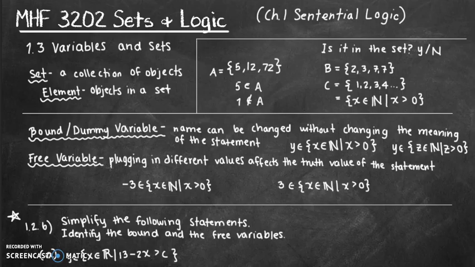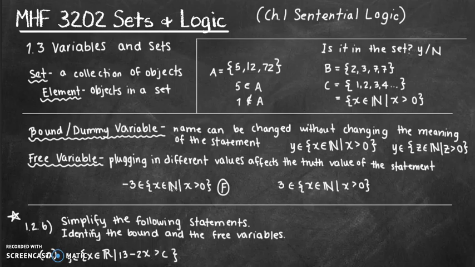Now, in the examples of free variables, when you plug in different things, that is going to affect the truth value of the statement. So for example, if we have -3 element of the set of x element of the natural numbers such that x is greater than 0, well, this statement is actually false because -3 is actually not an element of this set.